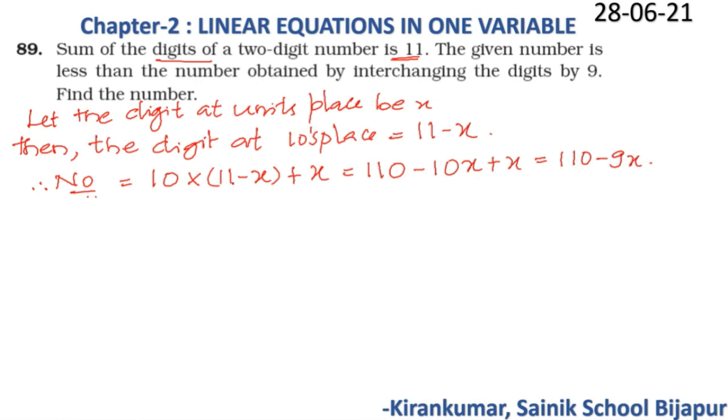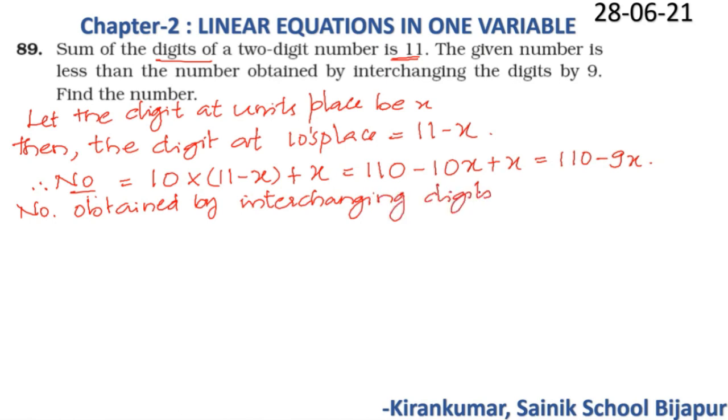The number obtained by interchanging the digits: in the place of tens, we have to consider x. In the place of ones, we need to consider 11 minus x. So further simplification, we get it as 9x plus 11.